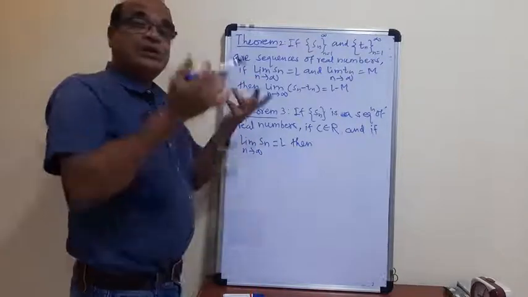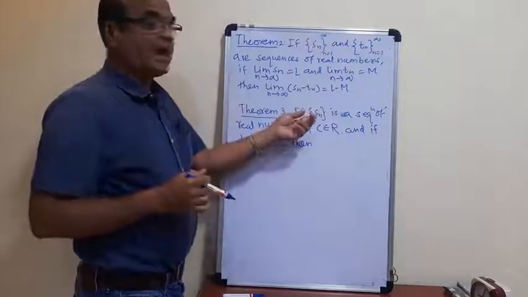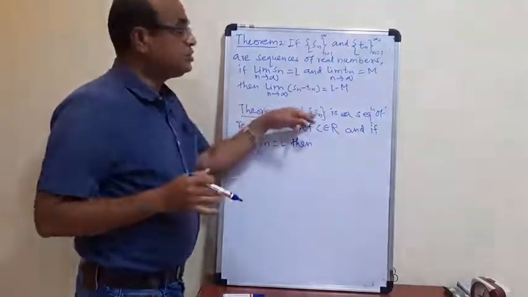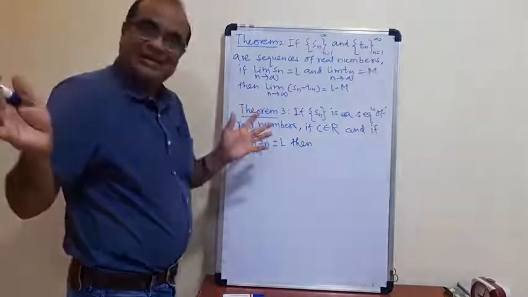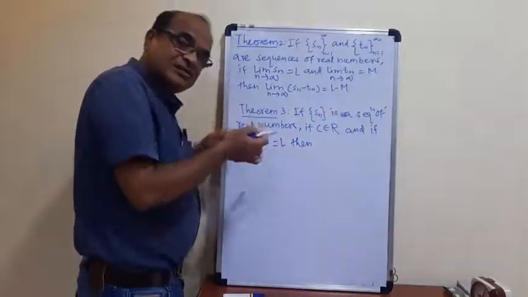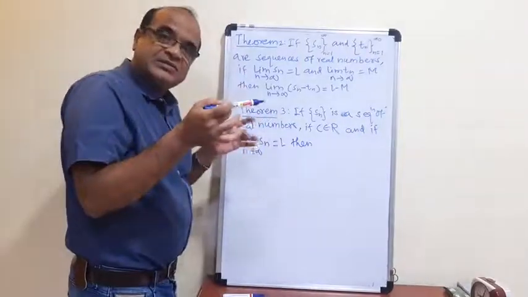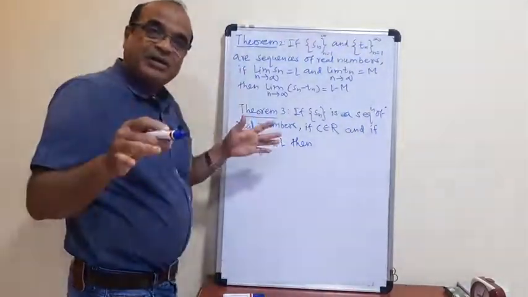Then what is the limit of that sequence? We multiply C to each element of the sequence. S1, S2, S3 are the elements of Sn, so multiplying by C, CS1, CS2, CS3 are the elements of the new sequence.